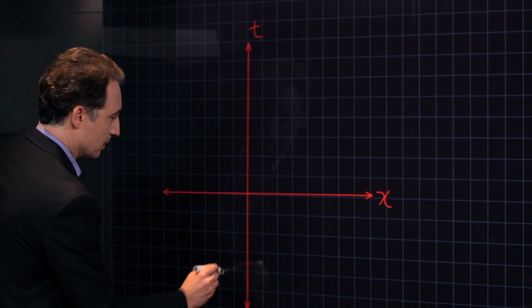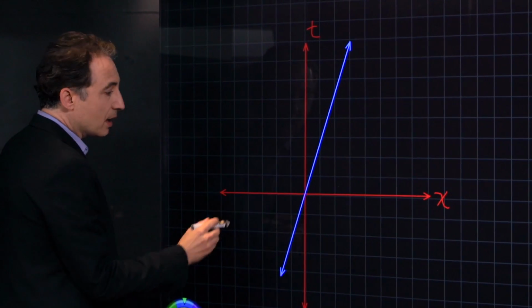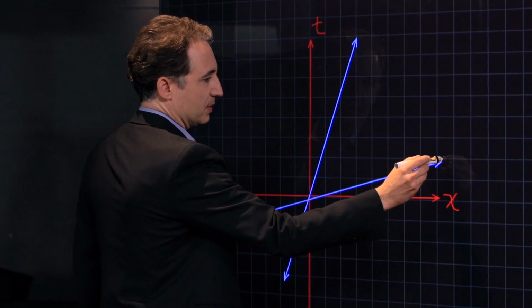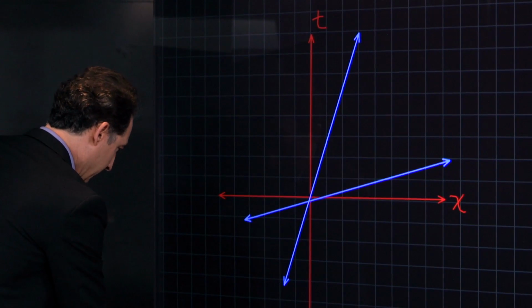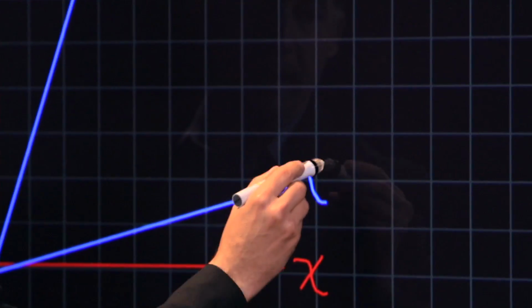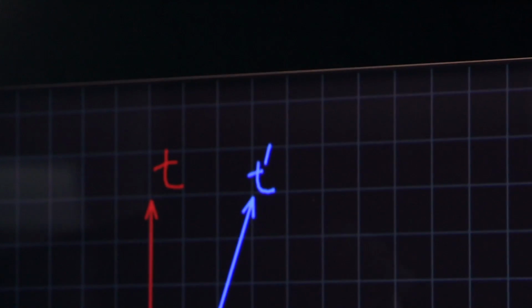So we know that one of those axes might look like this, and then the other, let me try to get close to something reasonable, something like that. So let me label those as well. That would be the x prime axis, and that would be the t prime axis.